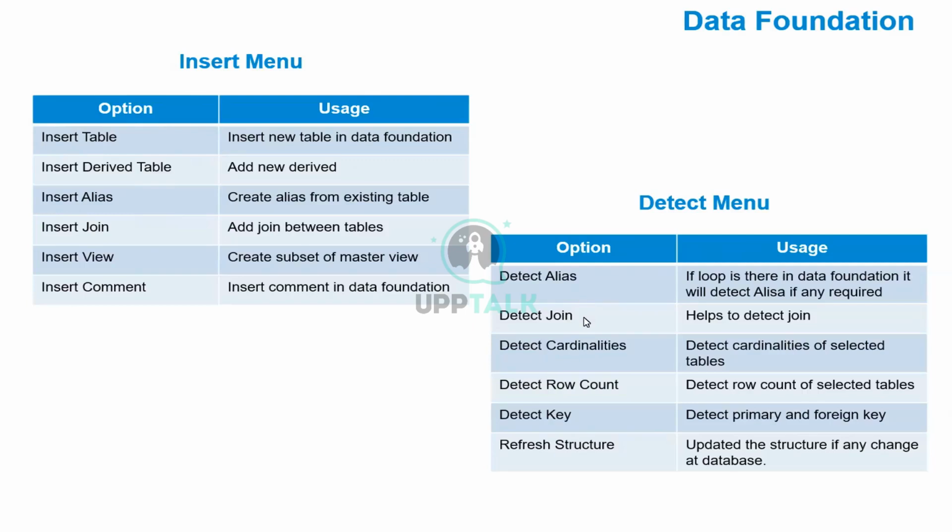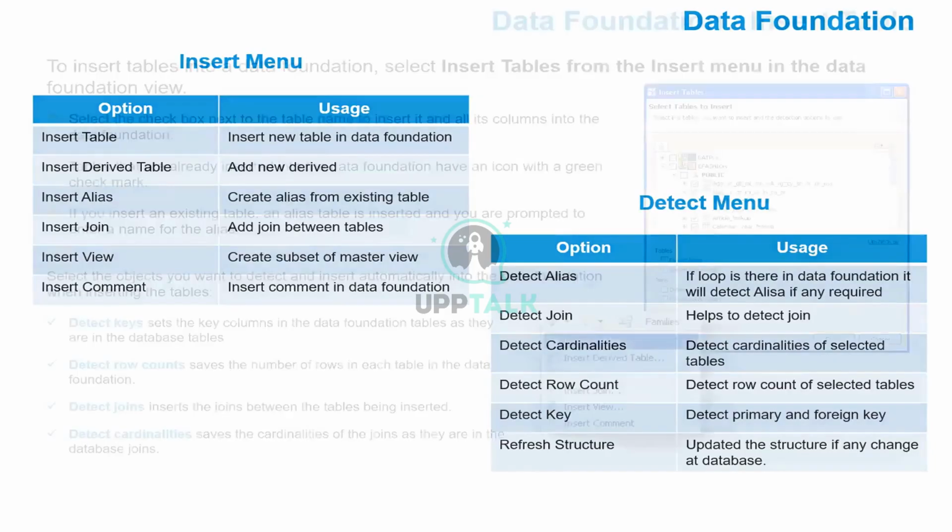Then we can select options like detect join, detect cardinality, detect row count, and it will automatically detect which join would be suitable for the tables. But it is always recommended to give joins ourselves. Whenever you have a doubt, then we can go for these detect options where the tool automatically gives suggestions.